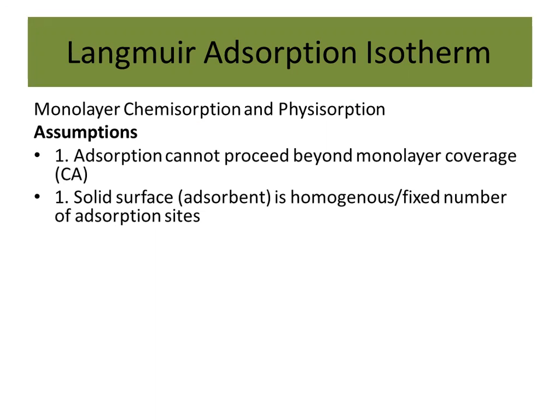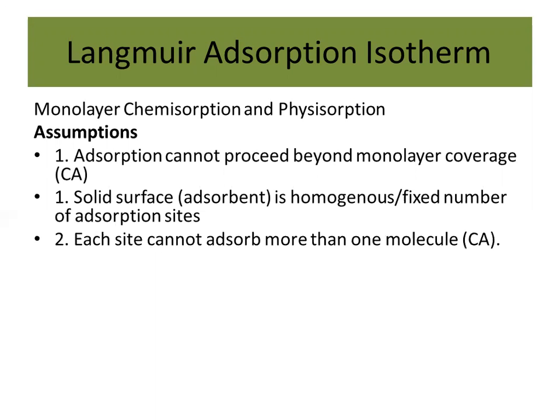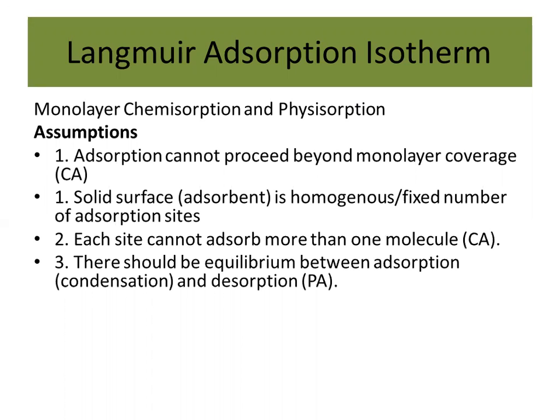That means all sites are equally important or equally applicable for all the molecules of the adsorbate to adsorb on their surfaces. Clear? Third point, each site cannot adsorb more than one molecule. Because this is the phenomenon for the monolayer, each site is available for each molecule.